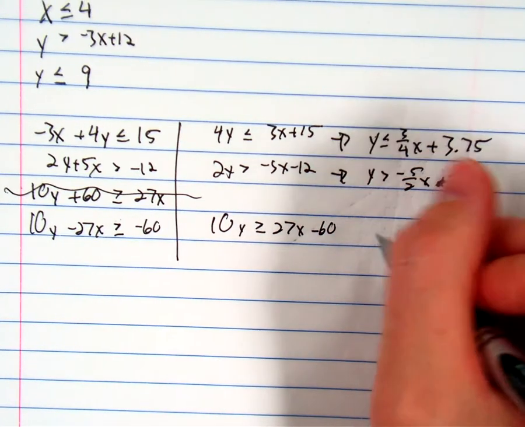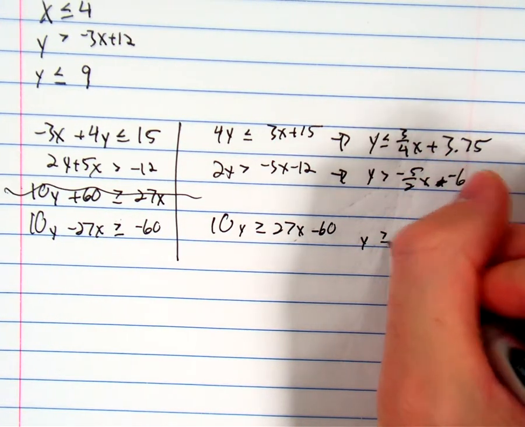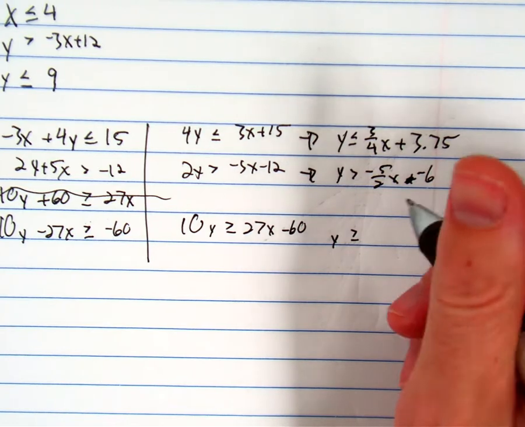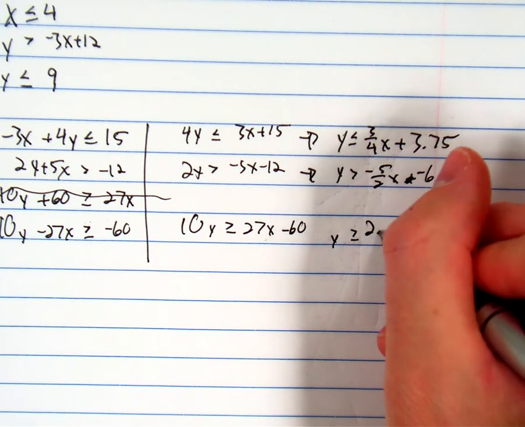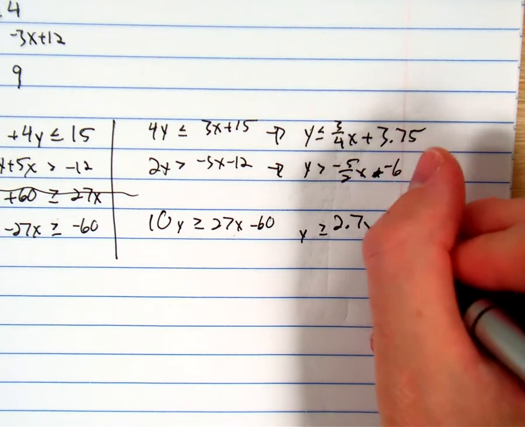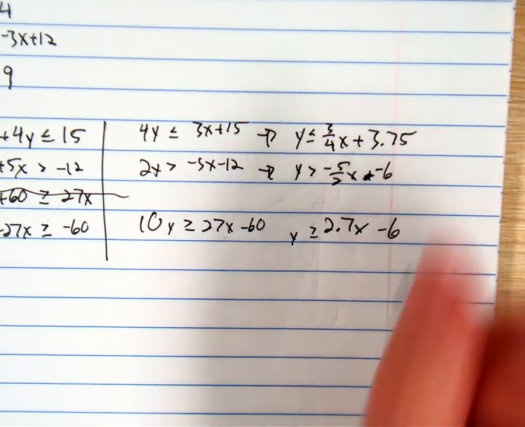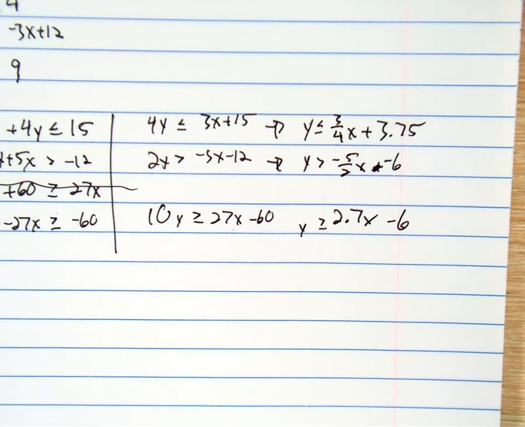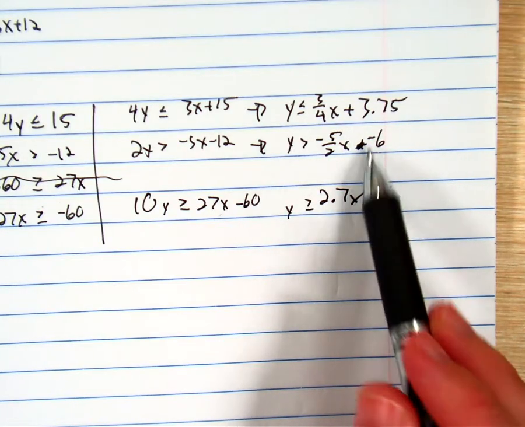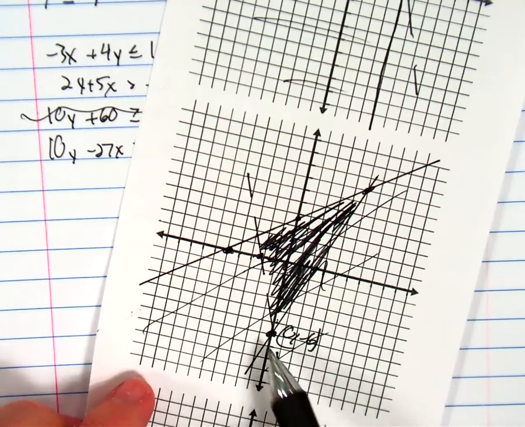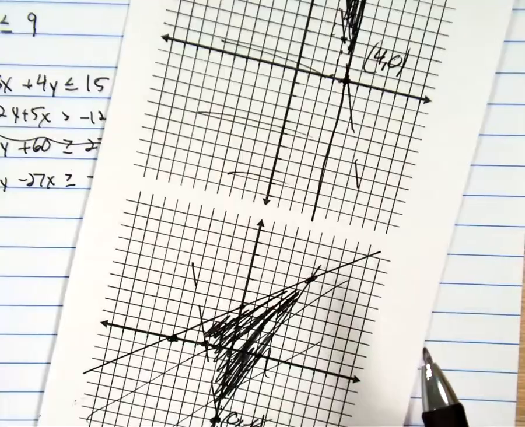And divide everything by 10. Y is greater than or equal to, do we just go the decimal? 2.7x. 27 divided by 10, 2.7x minus 6. Okay? So these two I know cross down there. Got those two done. Okay?